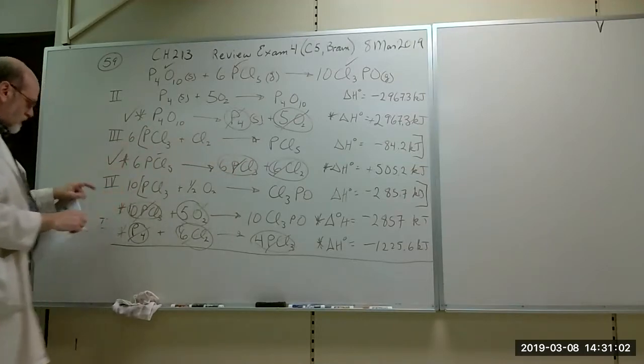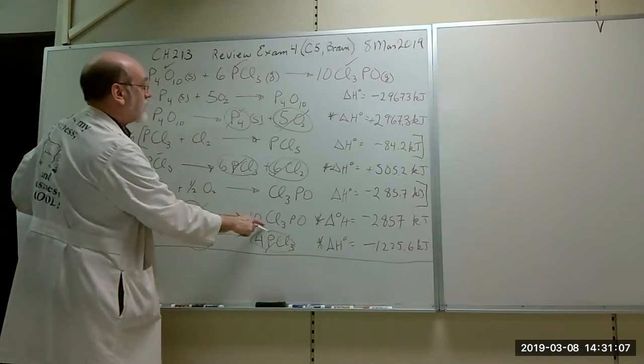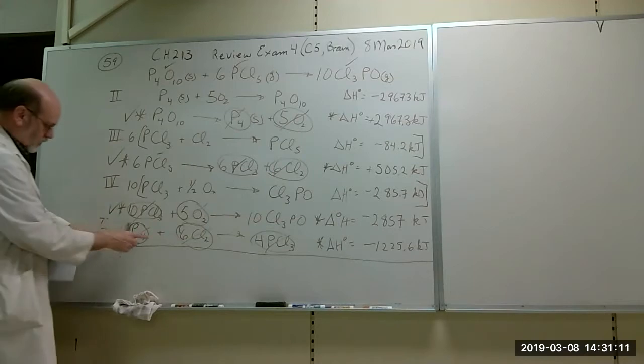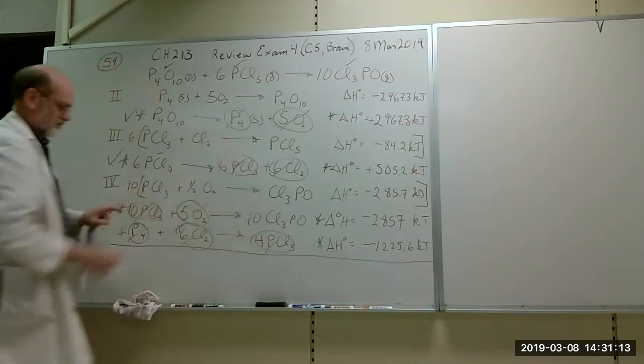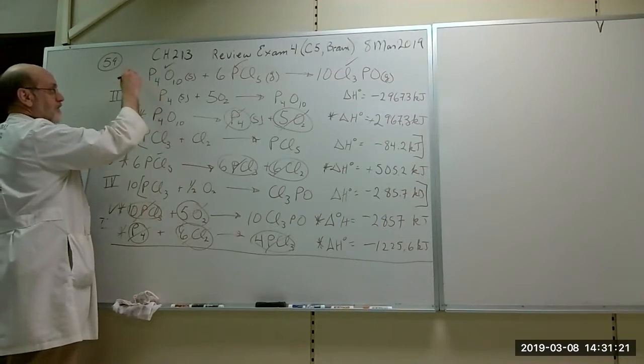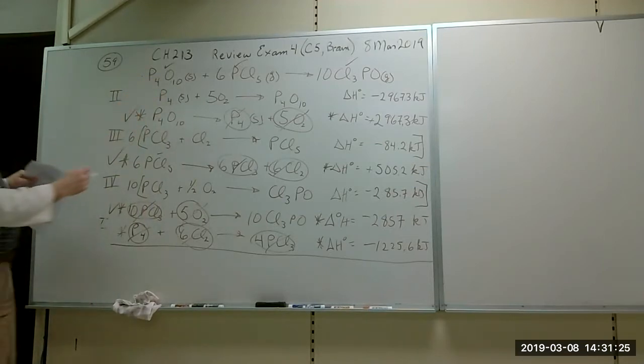This one's good. This one leaves us with that term. That one's good. This one's gone, that one's gone, that one's gone. Okay, we're good. We canceled everything that we don't need. That means that when we add them together, they will give us that formula. And you can check yourself, right?